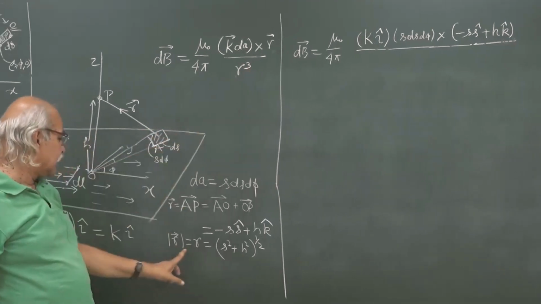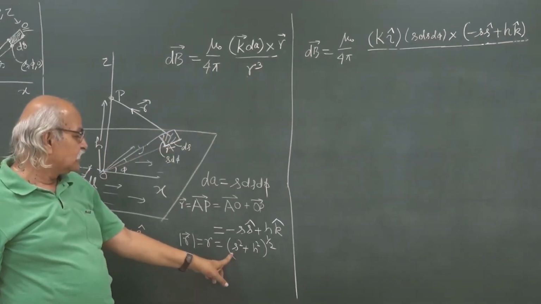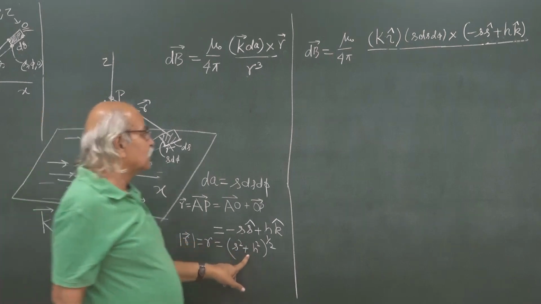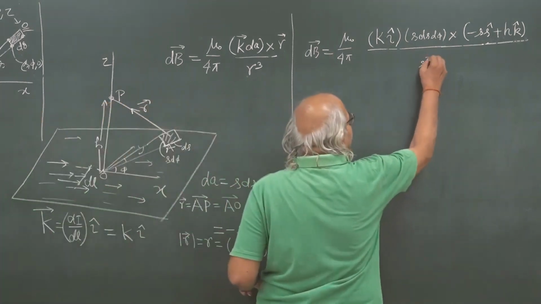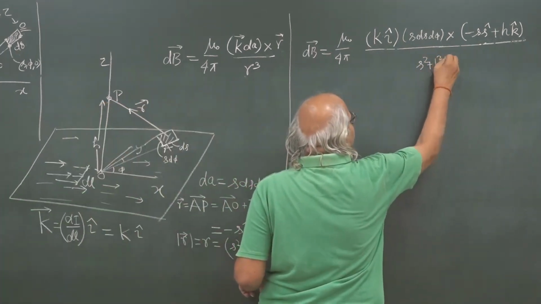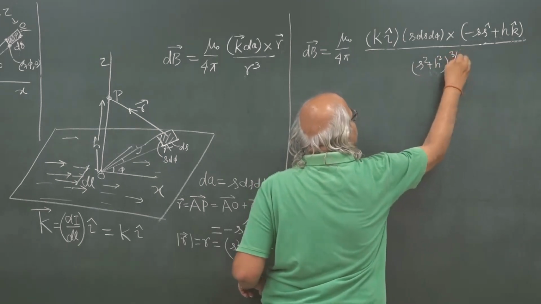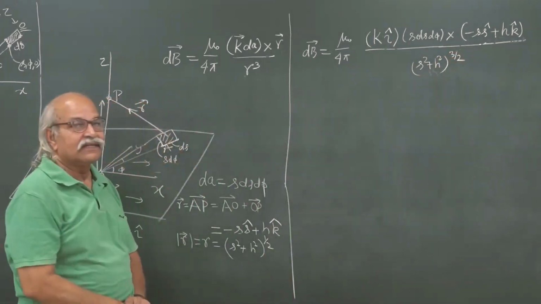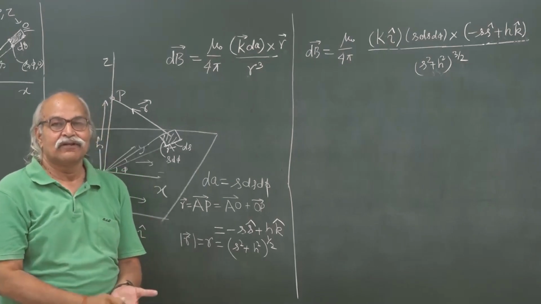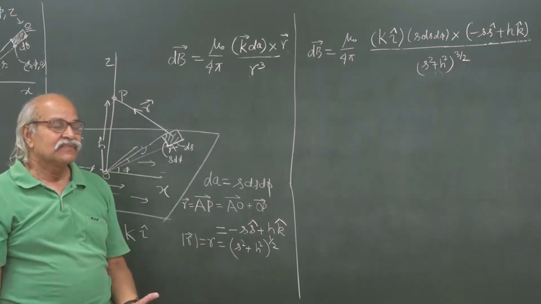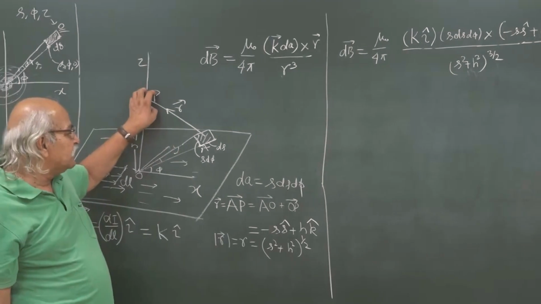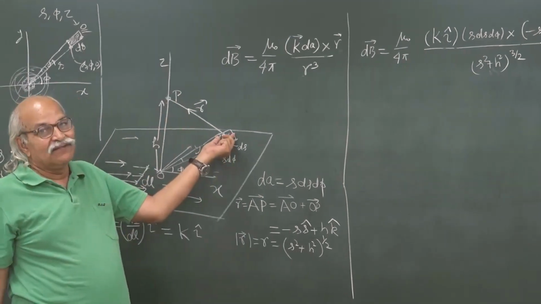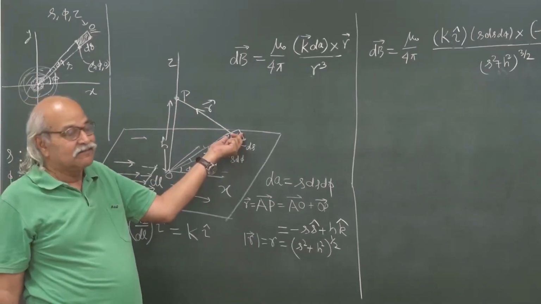R is here, the magnitude r is here, cube of that. So s square plus h square to the power 3 by 2. That is the expression for dB, the magnetic field at point P, because of this small element on the xy plane.